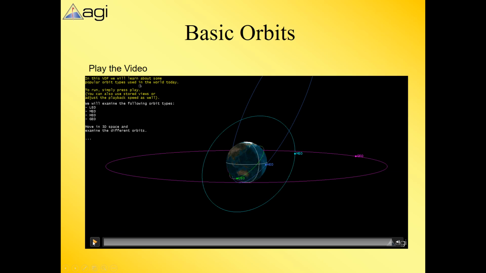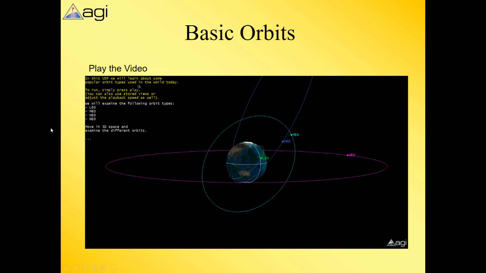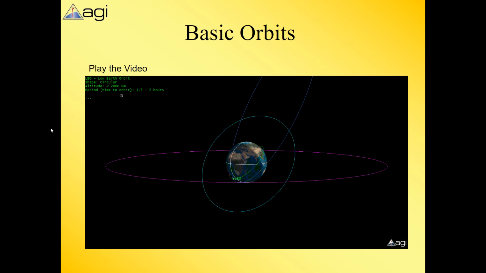Here's another video. Great. So with STK, which is what's being used to create these animations, you can have extreme control over visually what is presented. So here the central body is planet Earth. And even on the night side of it, we can make out, oh, here comes Africa, and it's heading towards sunrise as the Earth rotates.